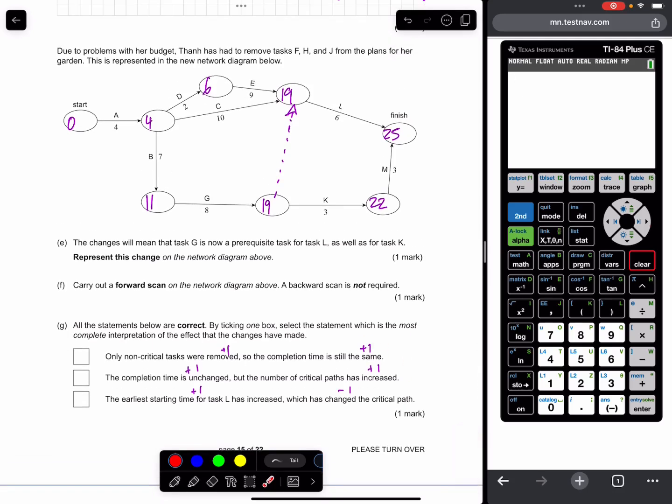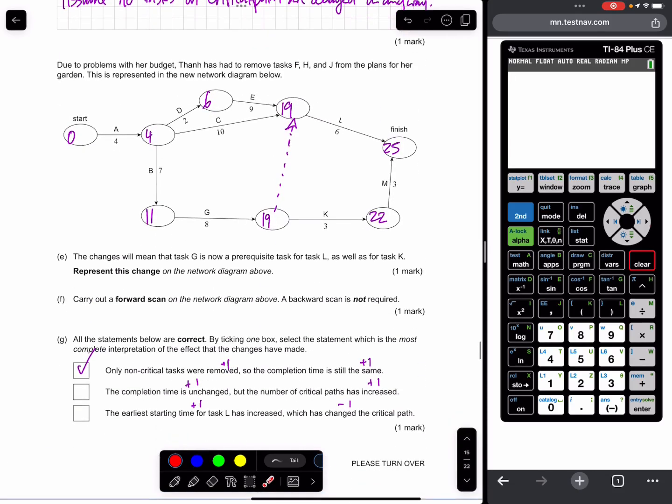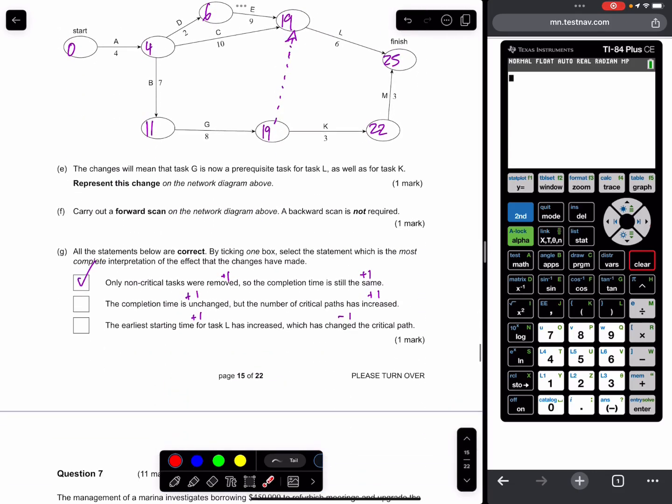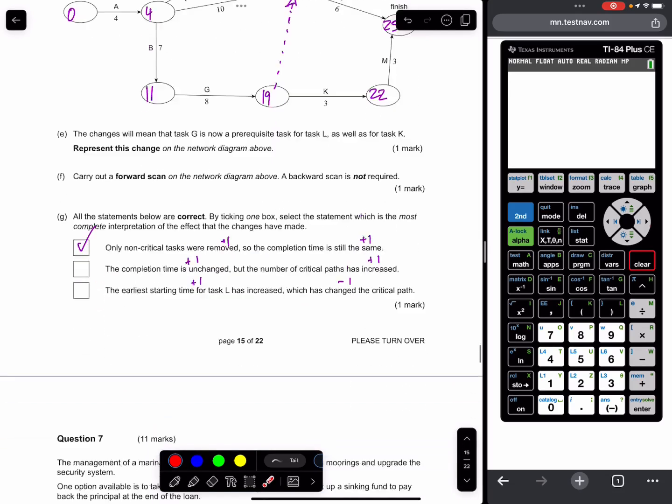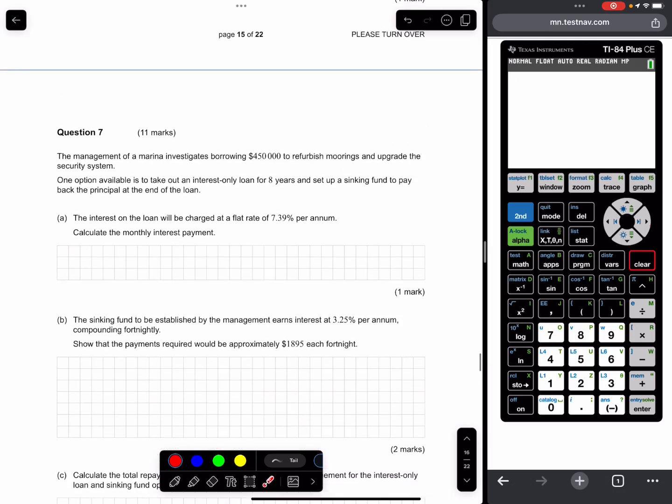On balance, out of these two, I'm going to say this. Not quite sure what most complete means, but because there was 3 non-critical tasks removed, I'll give that more weight than the second option. That one's a bit fuzzy, but I'll put my weight behind that one. Option 1. Question 7. So that is page 15 done.